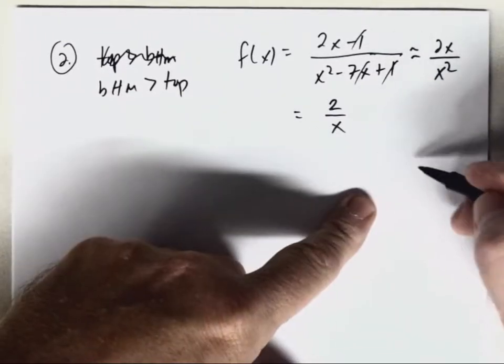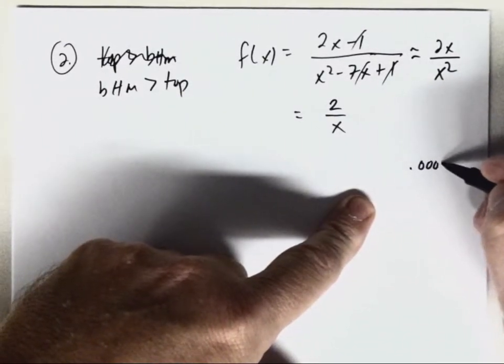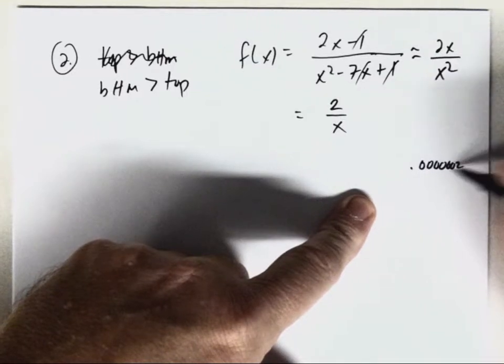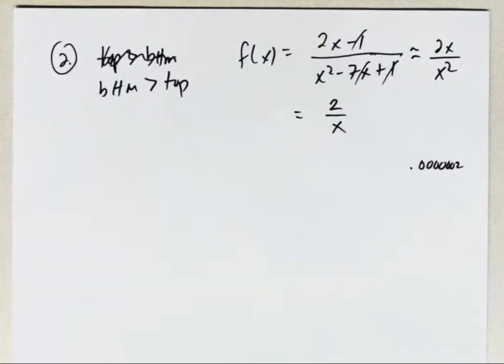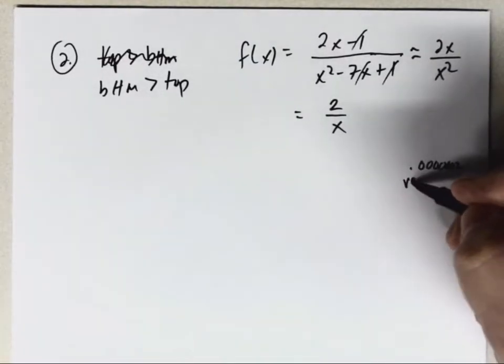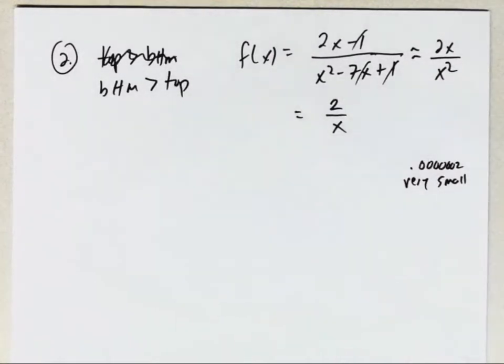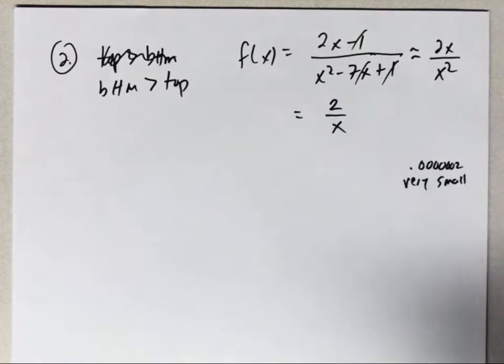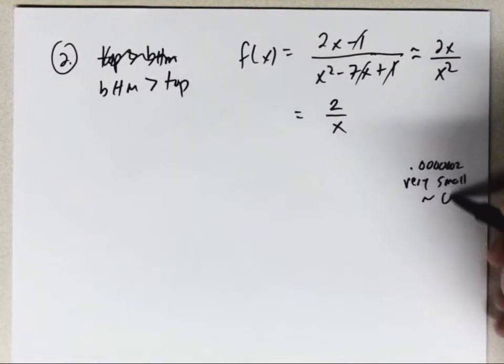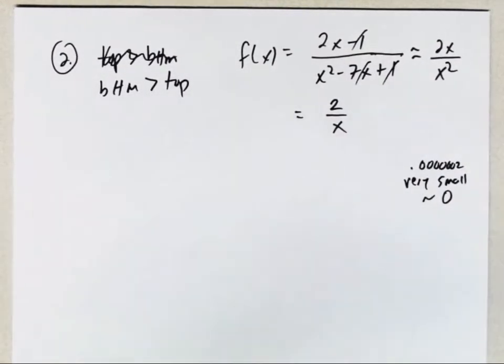I don't know, like 0.000002. One thing I do know, it's a very small number. Matter of fact, it's so small, basically I say it's almost like nothing. It's almost zero. It never actually gets to zero, but it gets to be so small. It's just almost like nothing.